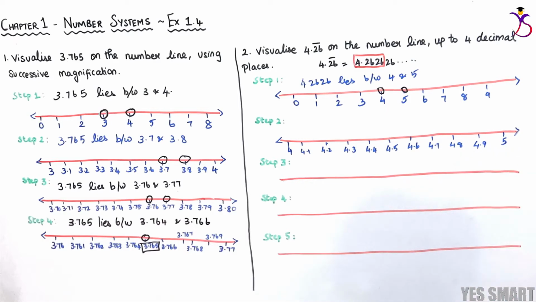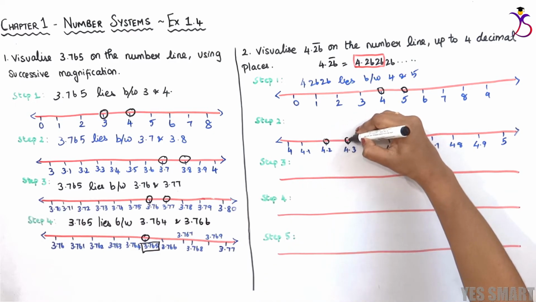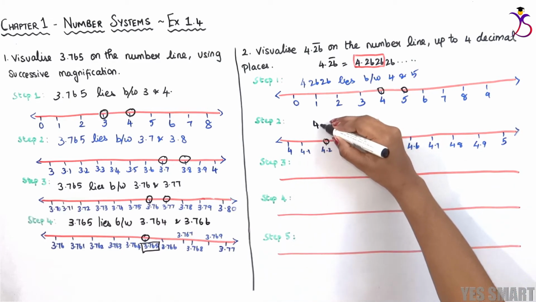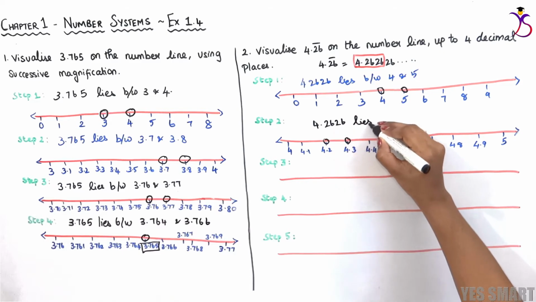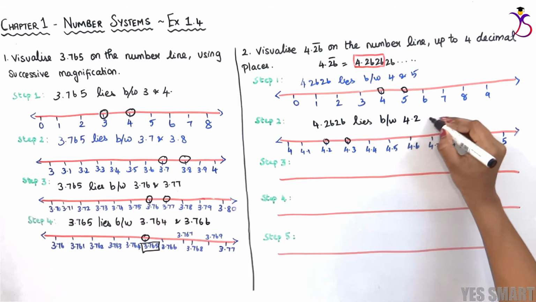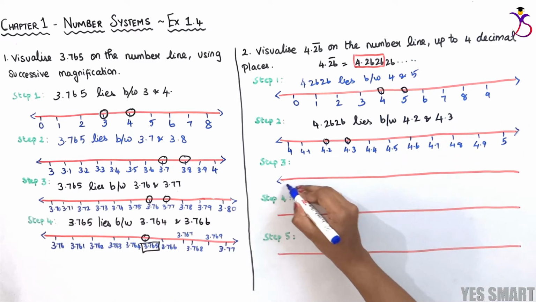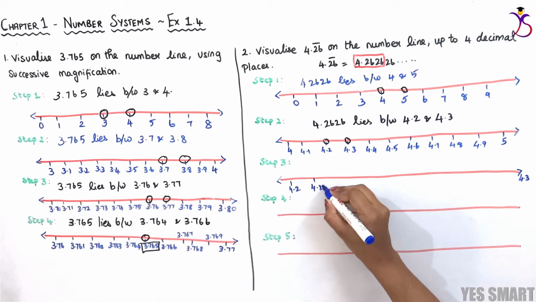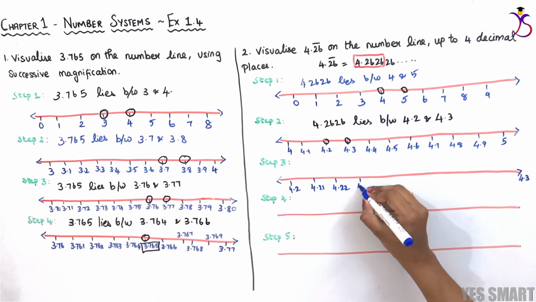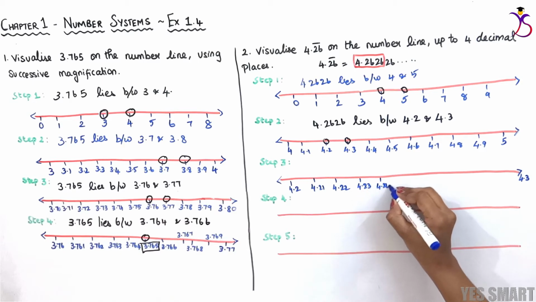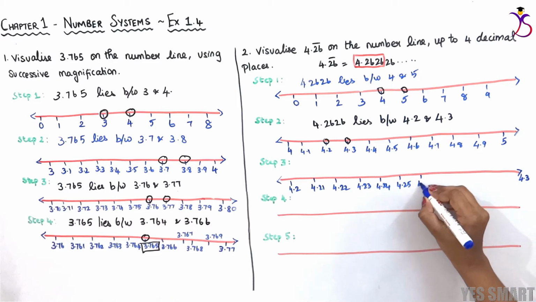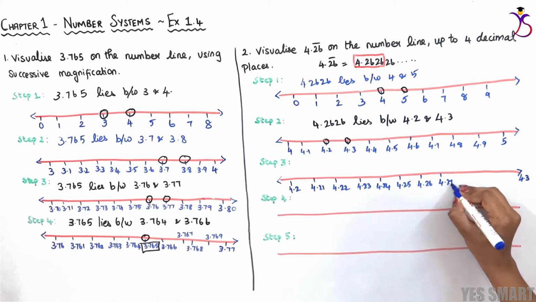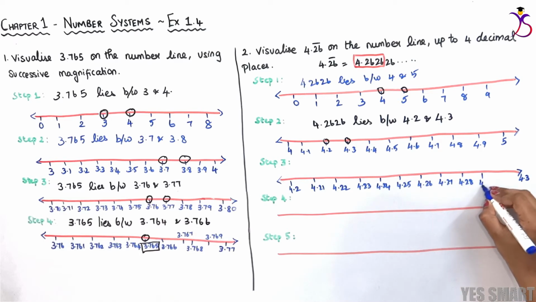Now this 4.2626 is greater than 4.2 but less than 4.3. Therefore, it lies between these two values. 4.2626 lies between 4.2 and 4.3. Now let's magnify the numbers between 4.2 and 4.3. 4.21, 4.22, 4.23, 4.24, 4.25, 4.26, 4.27, 4.28, 4.29.